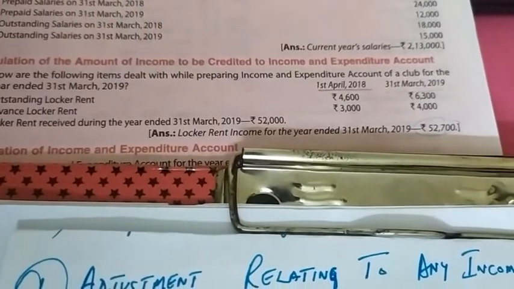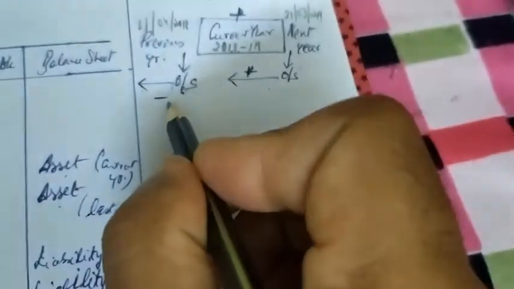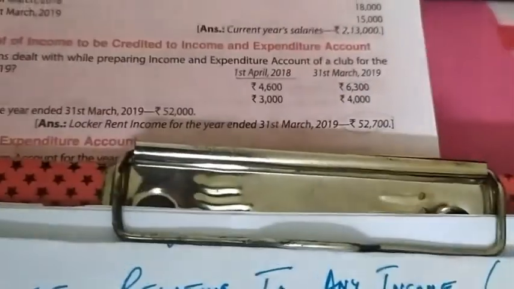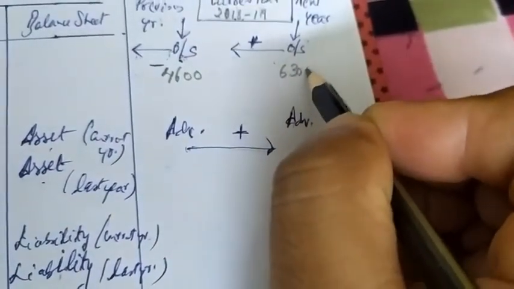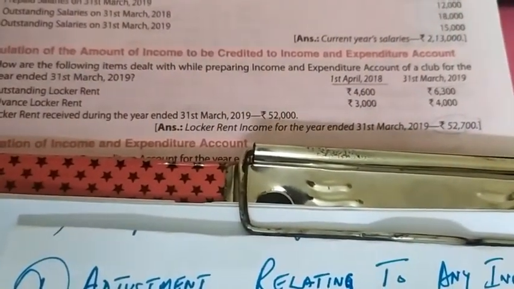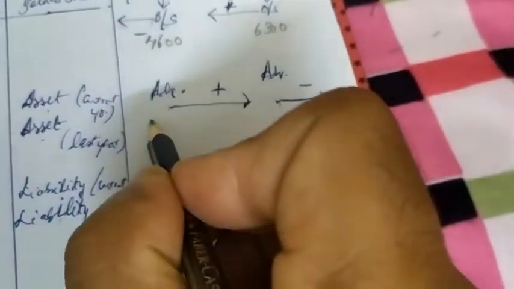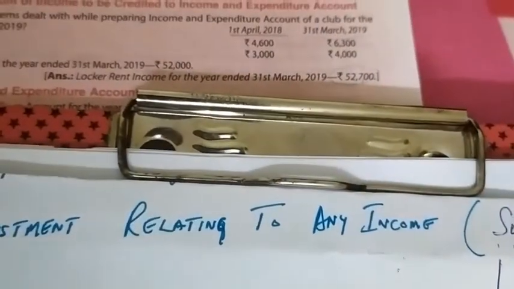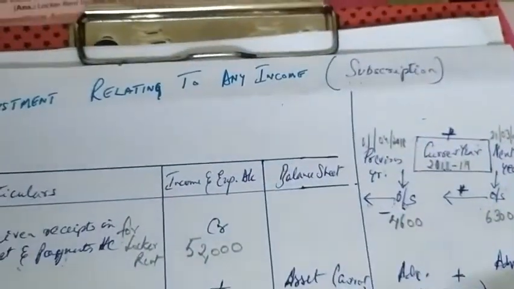Outstanding 4,600 for the opening or previous year and 6,300 for the next year. Similarly for the advance, it is 3,000 for the opening or previous year and 4,000 for the next year.